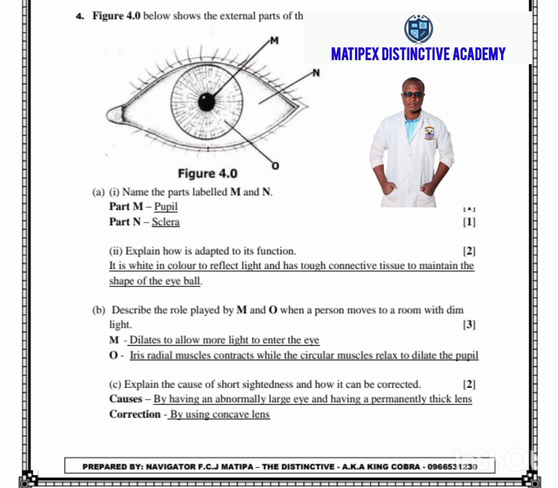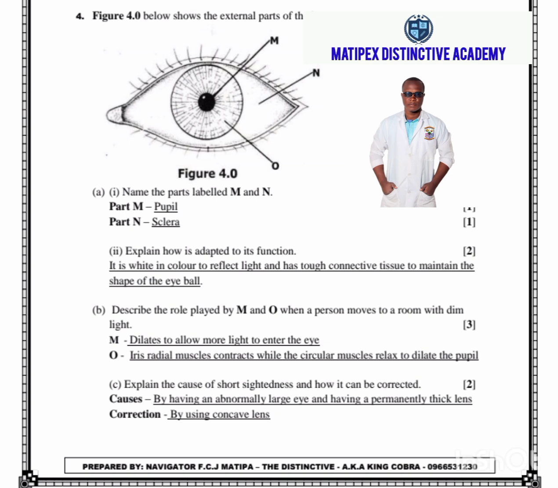Okay, so now explain how N is adapted to its function. So we say it is white in color to reflect light and has tough connective tissues to maintain the shape of the eyeball. So adaptation number 1, it is white in color.